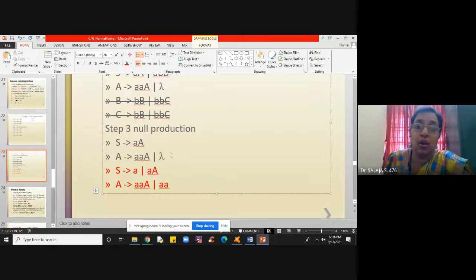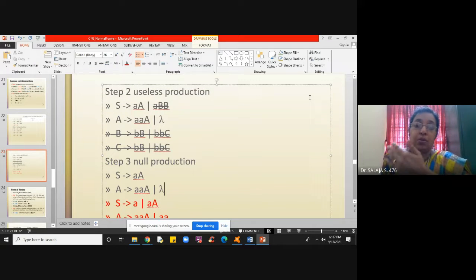When you remove either a null production, a unit production or a useless production, behind the screen you do a lot of substitution. That is why we learned substitution first, followed by unit production, useless production, and null production. Among these three, which order should you follow?